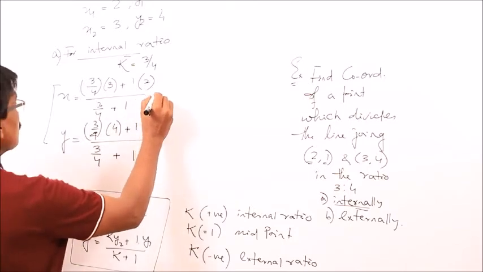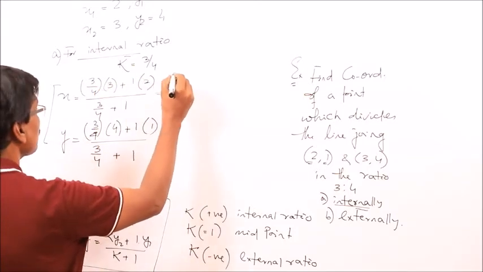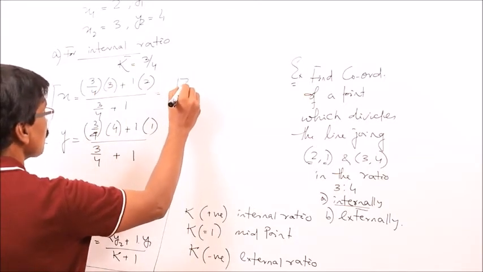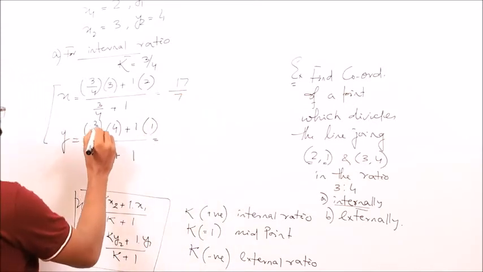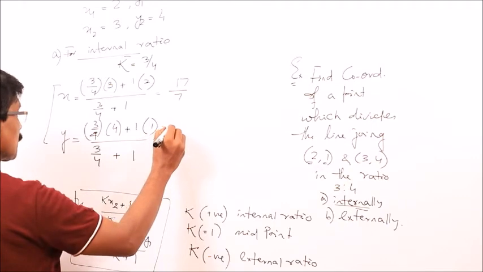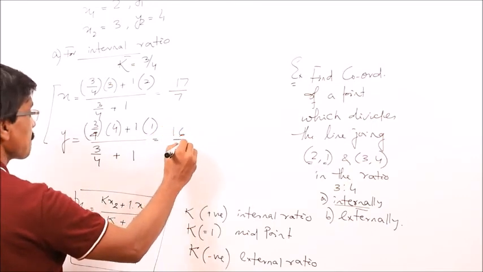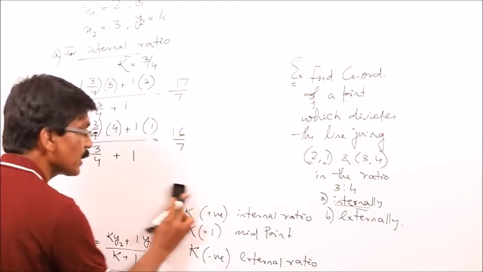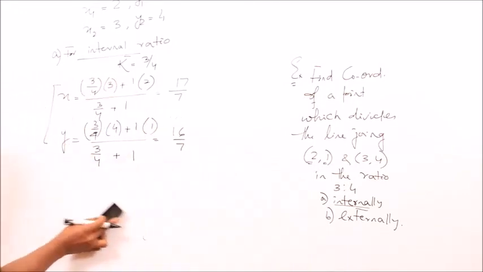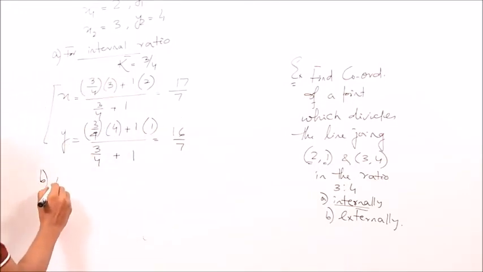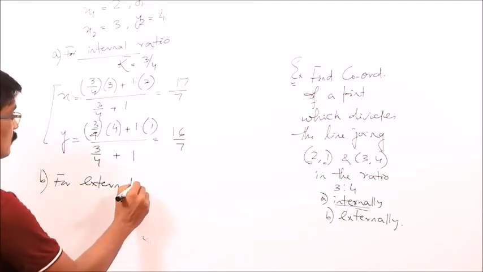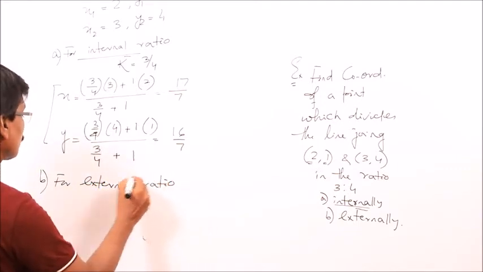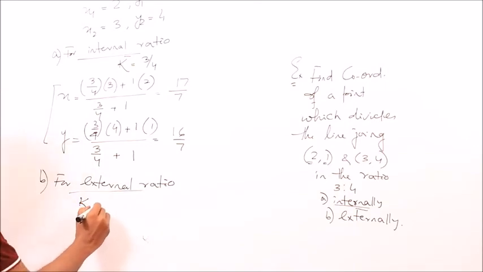We can simplify it, that is x is equal to 9 plus 8, 17/7, and y is equal to 16/7. And for external ratio, k is negative, that is minus 3/4.